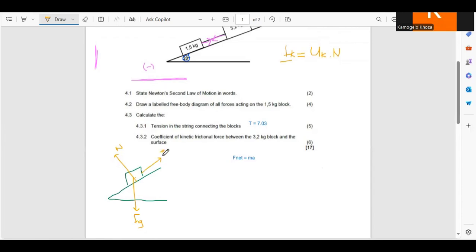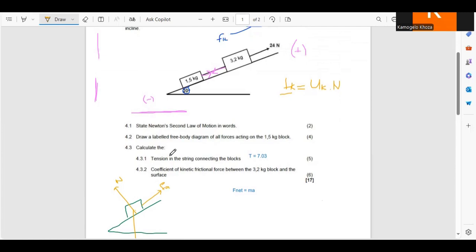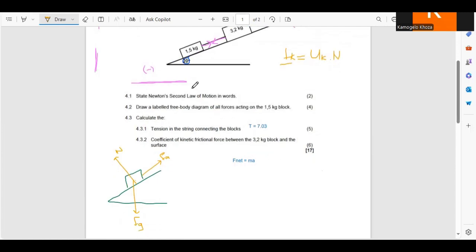So this is Fa for force applied. And there is tension, remember, it is connected with a string to the other block. There would be tension, T. And because it's moving on a rough surface, we would also have frictional force, Fk, which is what we're trying to determine in this case, or the first thing rather we're trying to determine.